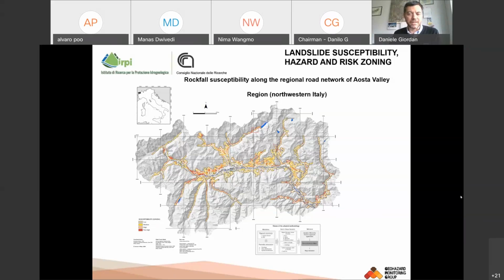That is why at regional scale, in many cases, the final goal is a susceptibility map.